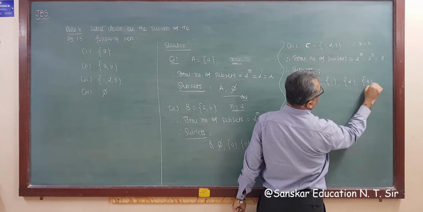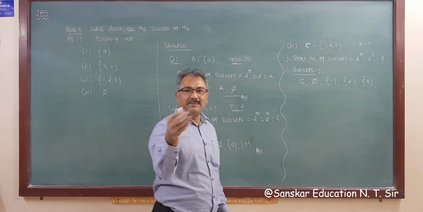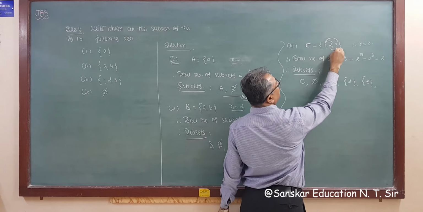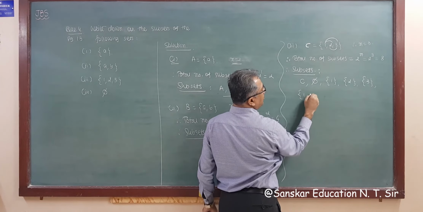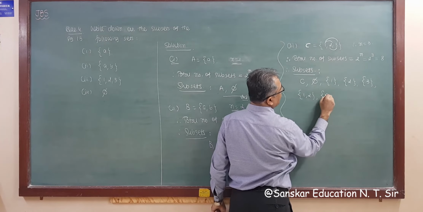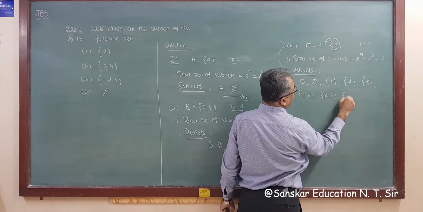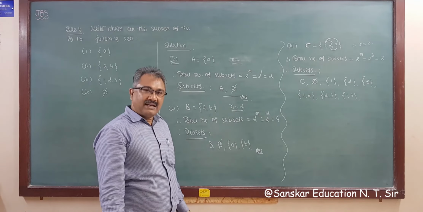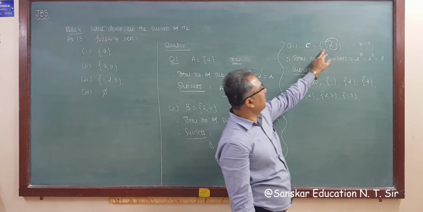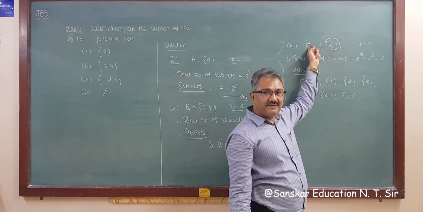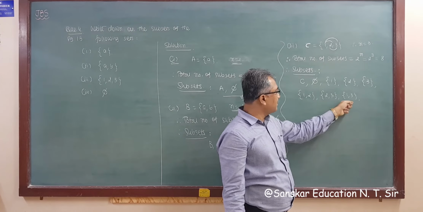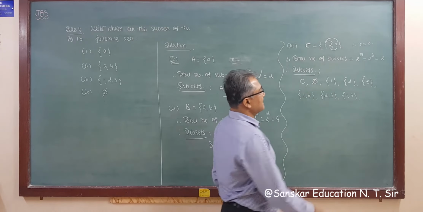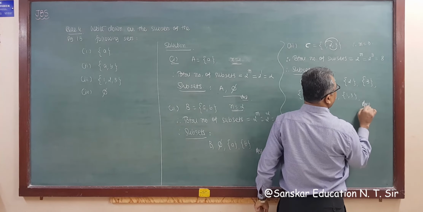Now single elements are finished, take a pair, that is {1, 2}, {2, 3} and {1, 3}. Now pairs are finished, take the three: {1, 2, 3}, that is C itself, and is already there. So now count 1 2 3 4 5 6 7 8. So this is your final answer.